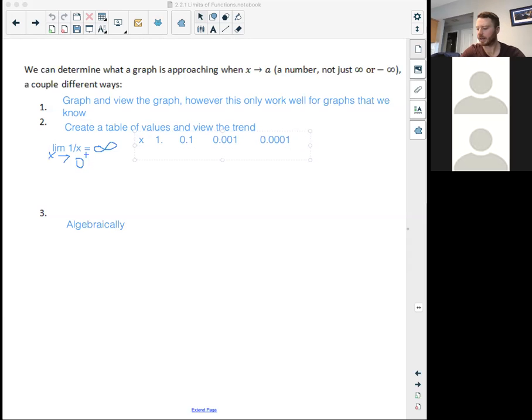Okay, and then we are also going to find what f of x is equal to at that point. So when it's 1, 1 divided by 1 is 1. 1 divided by 0.1 is going to be 10. 1 divided by 0.001 is 100, and you can disregard these decimals here.